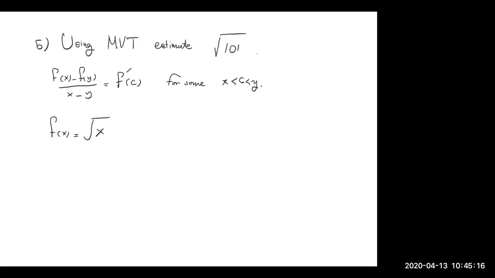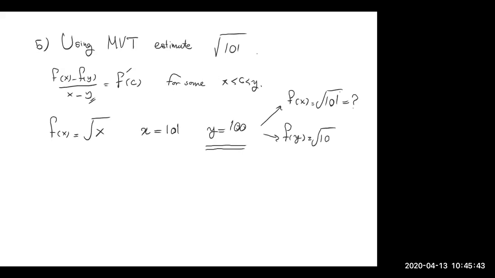The x we are looking for is 101. We should choose a nearby point y where we know f, and that nearby point is 100. So we are looking for f(x), which is the square root of 101, but we know f(y), which is the square root of 100, which is 10.